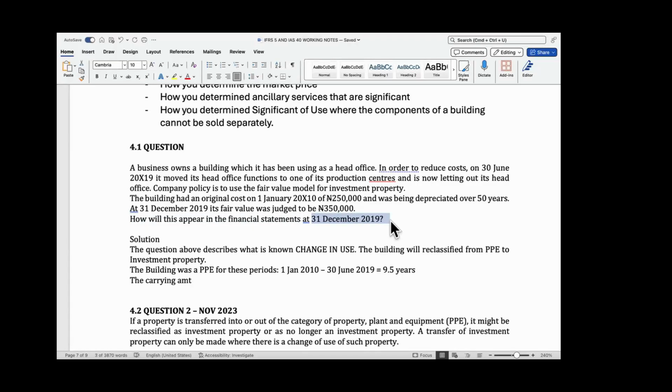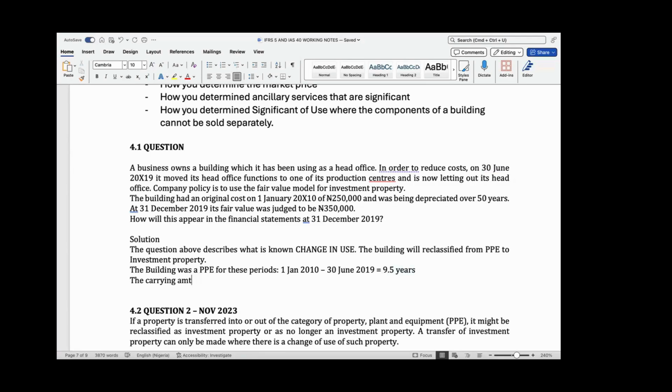Okay, so we need to establish the value of the building as at when there was a change in use. And the change in use occurred on 30th June 2019. So the building was PP from 1st of January 2010 to 30th June 2019. This is 9.5 years.